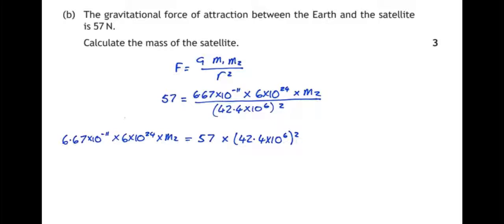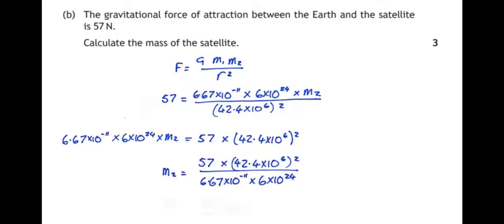Now we want to take the gravitational constant and the mass of the Earth, the 6.67 times 10 to the minus 11 times 6 times 10 to the power 24, and move that to the other side. As we're multiplying by them on the left-hand side, we divide the other side. And here we are. We end up with a value of 260 kilograms as the mass of the satellite.